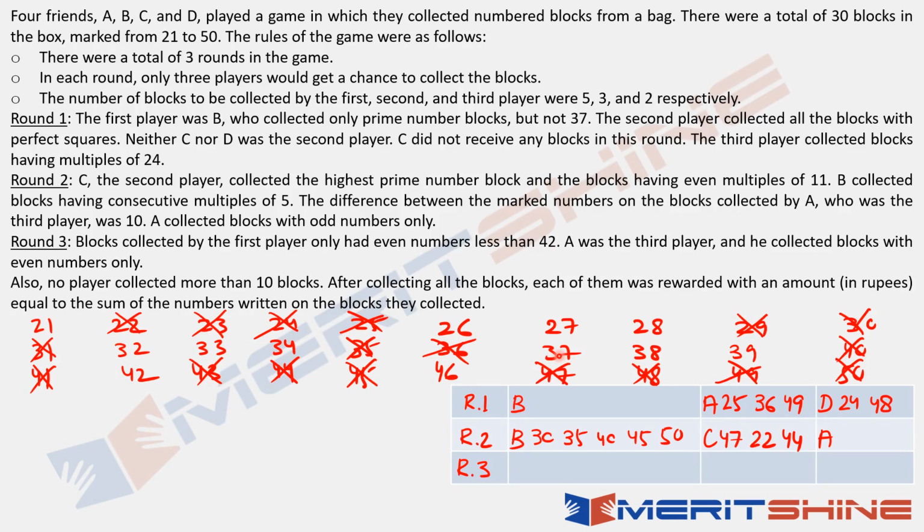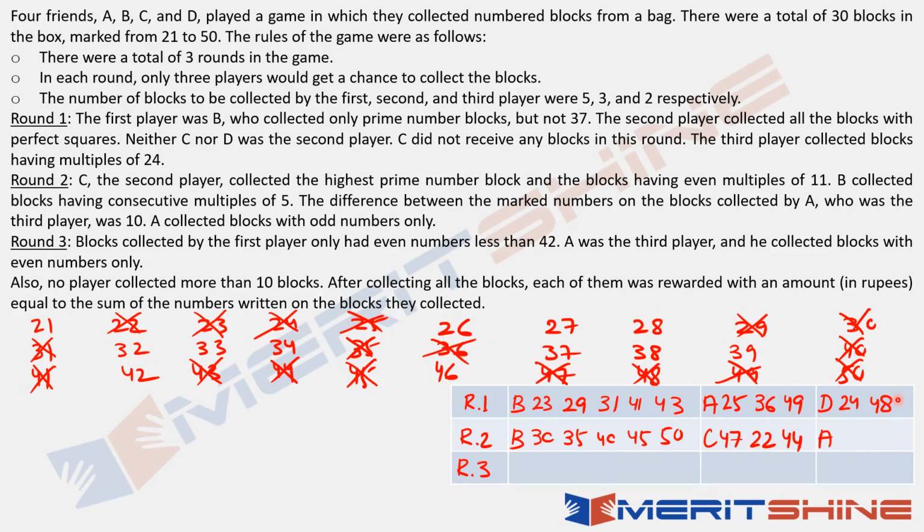So 37 you cannot include, and there is no other prime number. So just 5 left. So I'm just writing them down here very quickly now. This is 23, 29, 31, 41 and 43. So we have eliminated them from here, and now you've got very few numbers in the table.